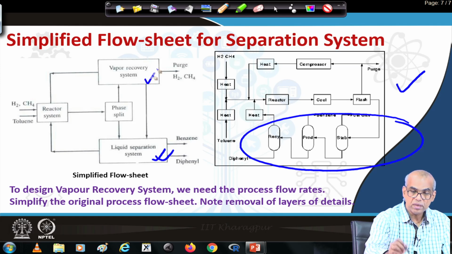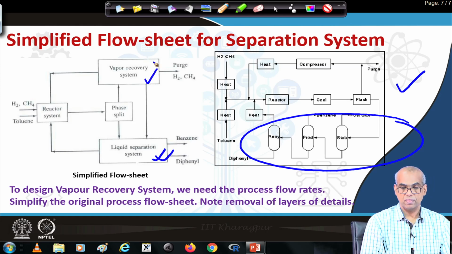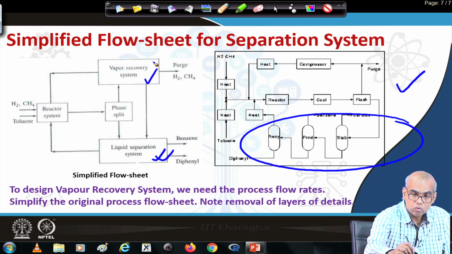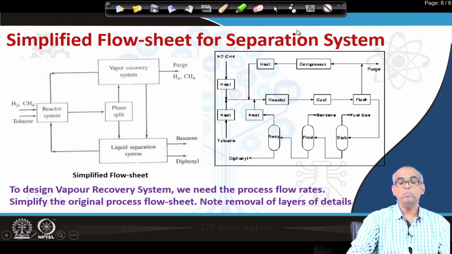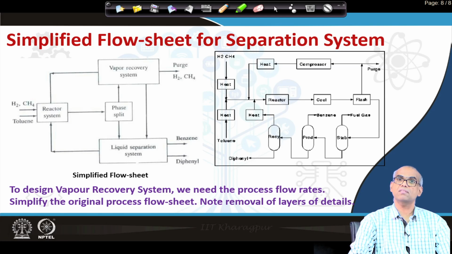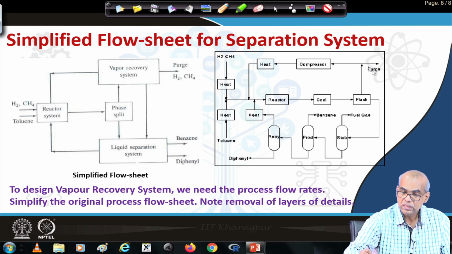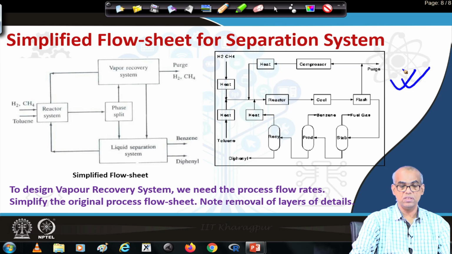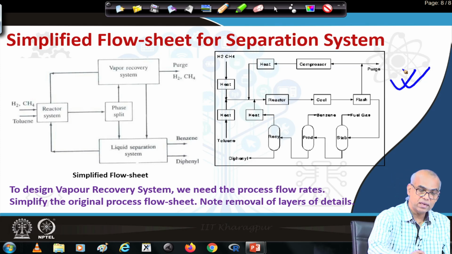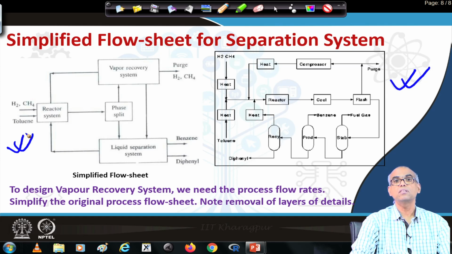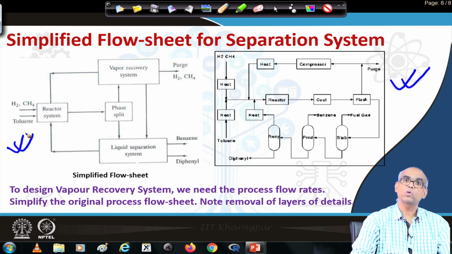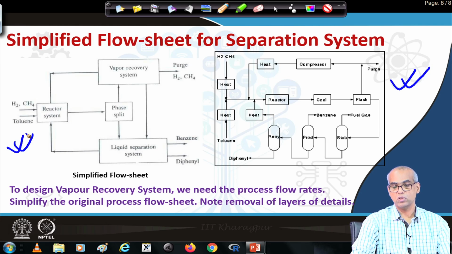Similarly, we also have a vapor recovery system. So, we have been able to remove the layers of details from the original flow sheet and obtain this simplified flow sheet, which we can use to compute the process flow rates.